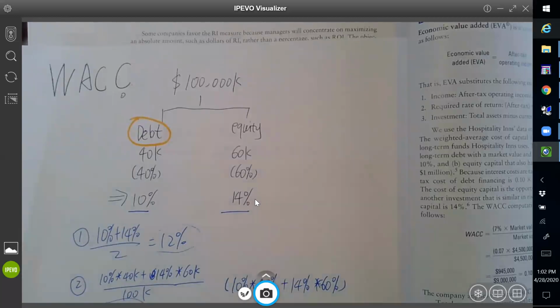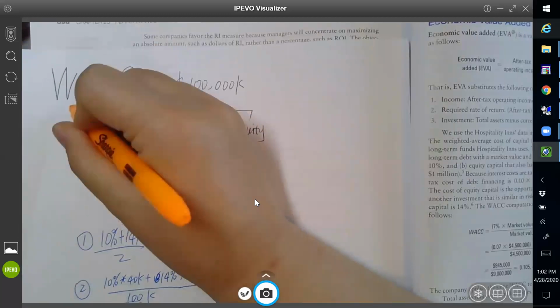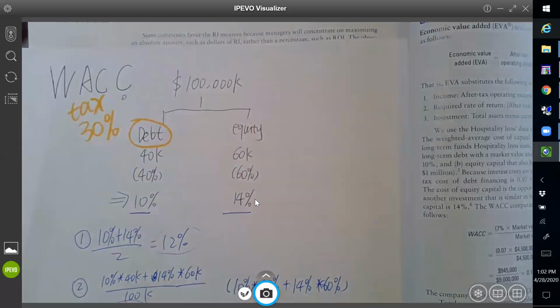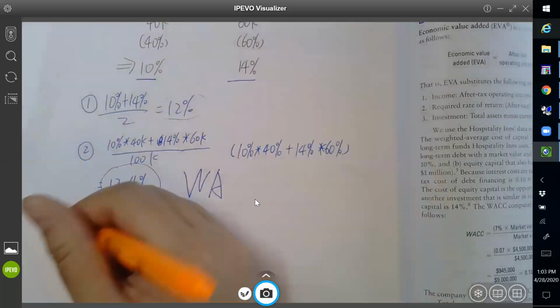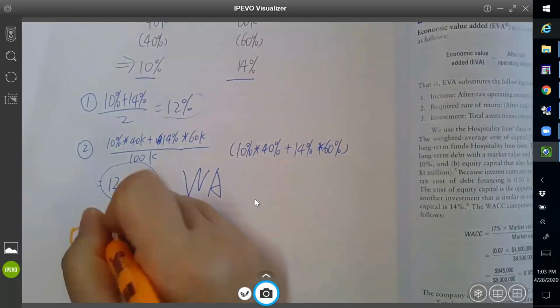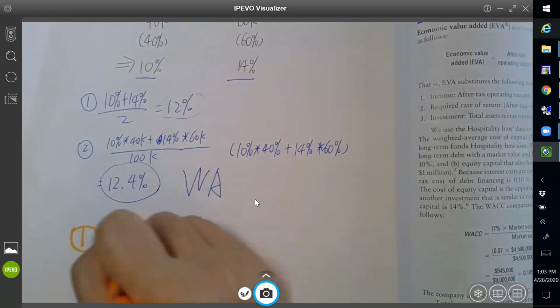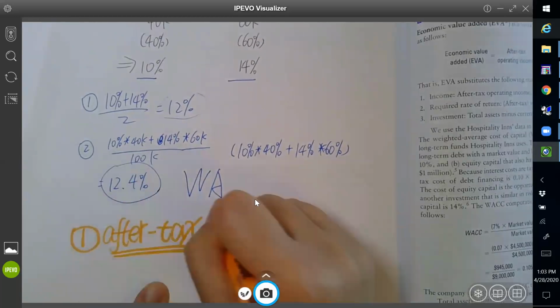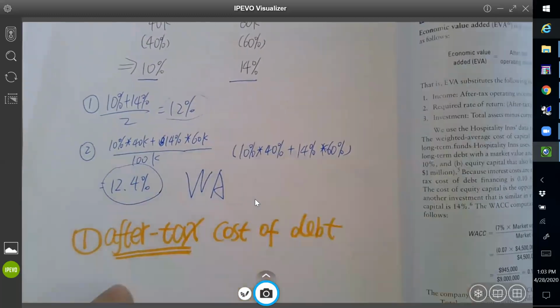So let's assume the tax is 30%. We save 30%, so that will not be our cost of capital. Our first step is to do the after-tax cost of debt.